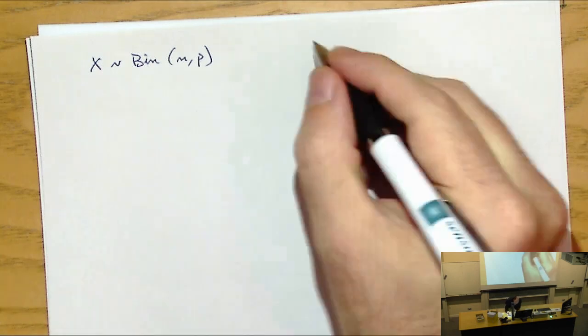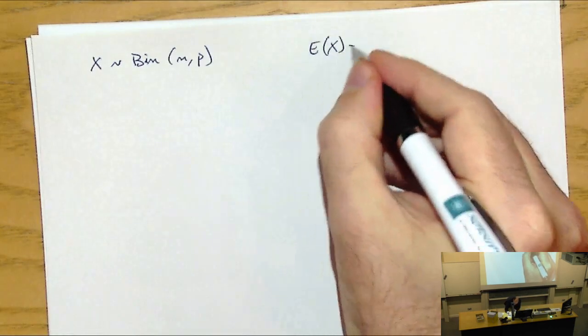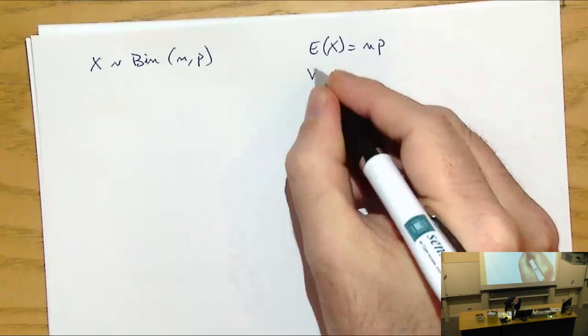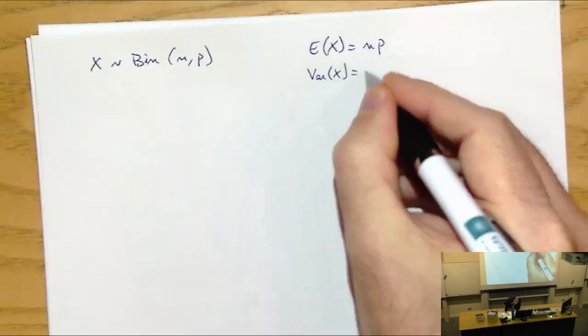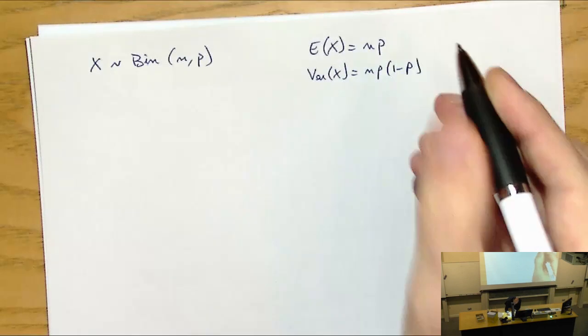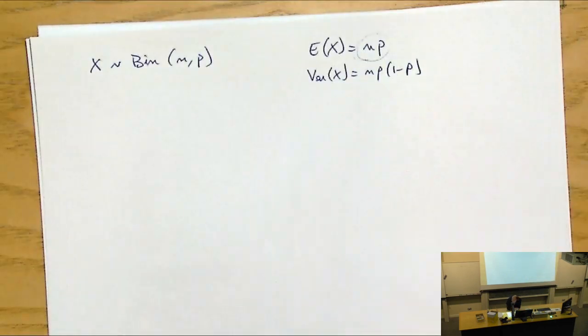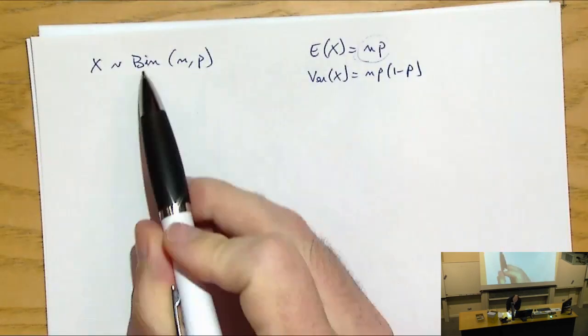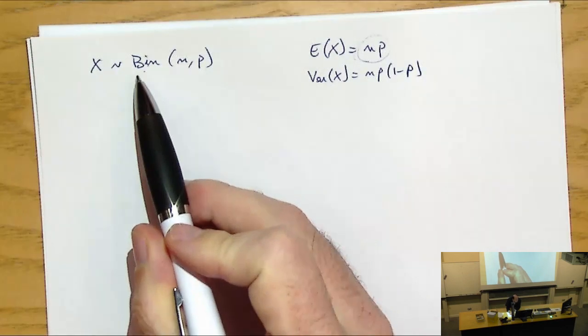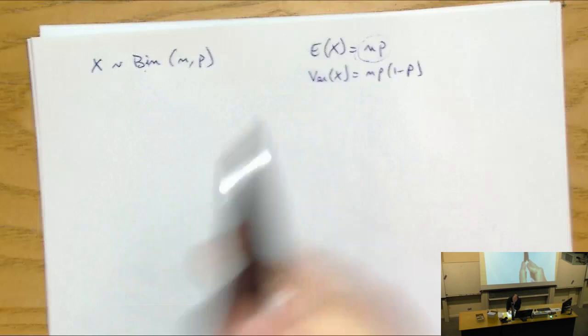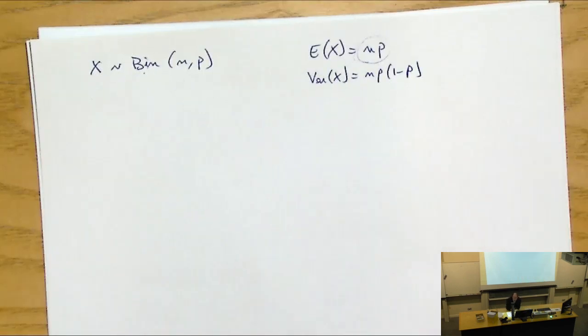And we found that the expectation of X was equal to np, and the variance of X is equal to np(1 minus p). Actually, this one we proved in the lecture by first finding the probability mass function of a binomial random variable and then computing its expectation by using the definition.